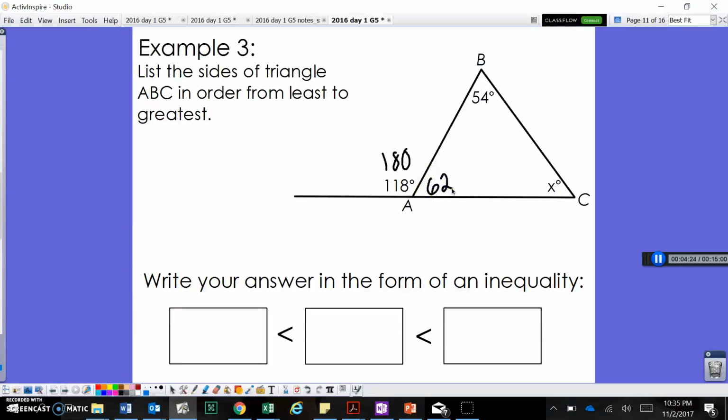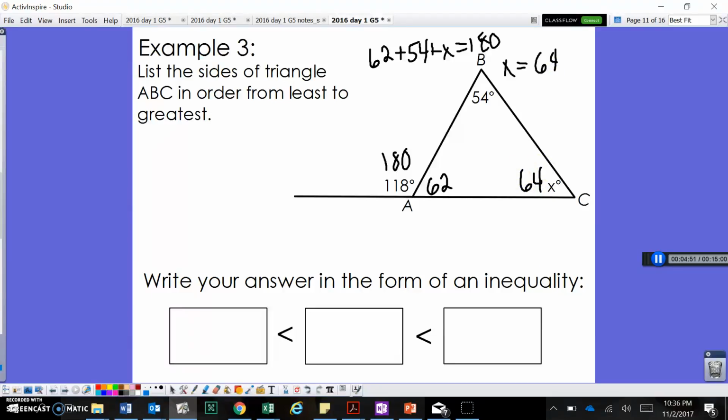So now, we can figure out what angle X is going to be. So, this is going to be 62 plus 54 plus X equals 180. Alright, solve for X. And X is going to be equal to 64. So, the angle C is 64.